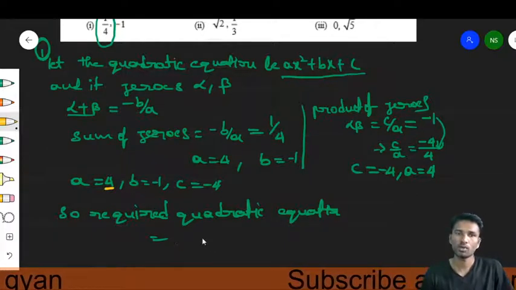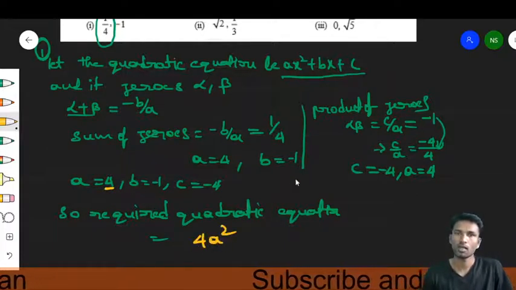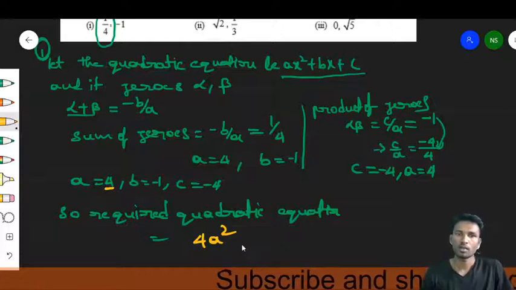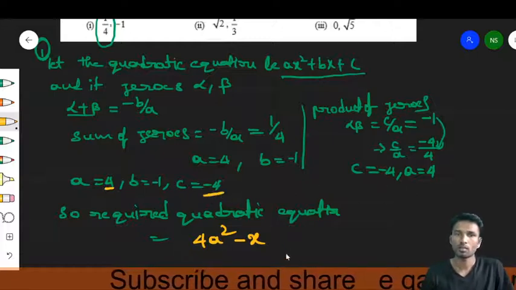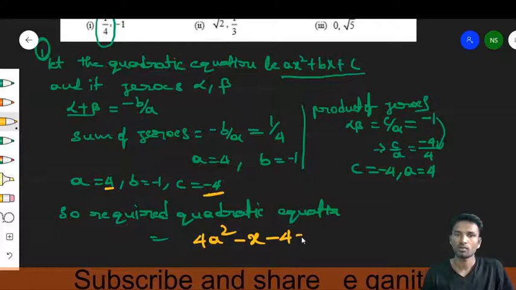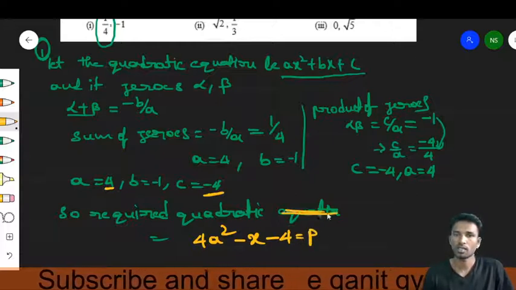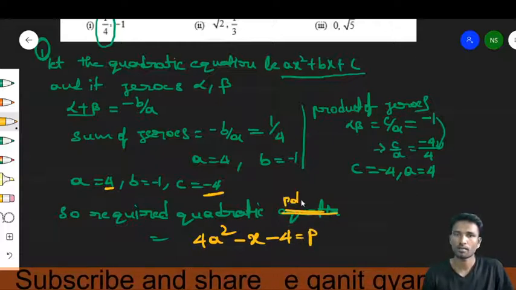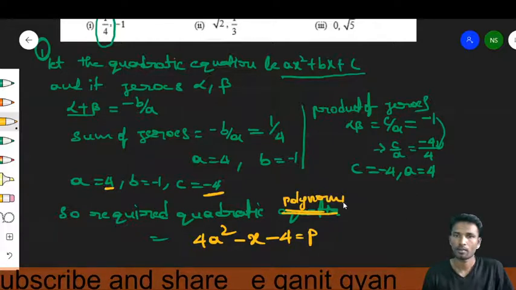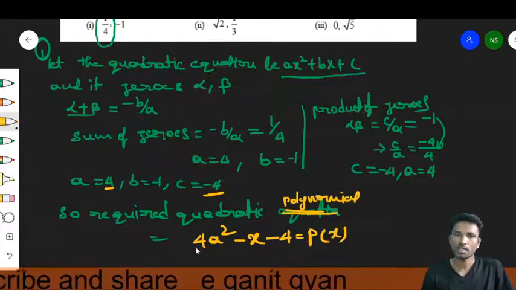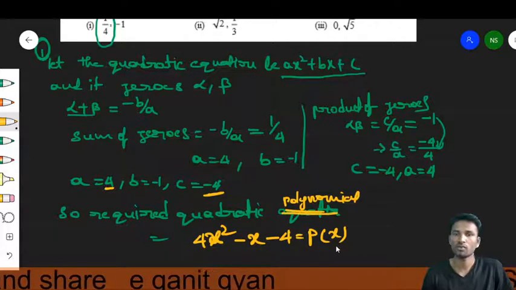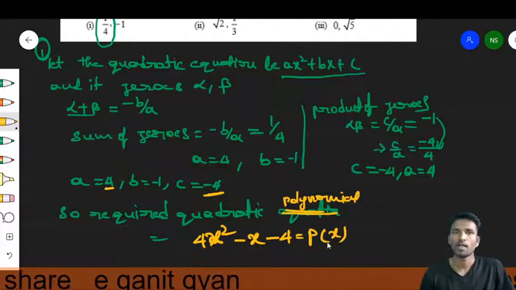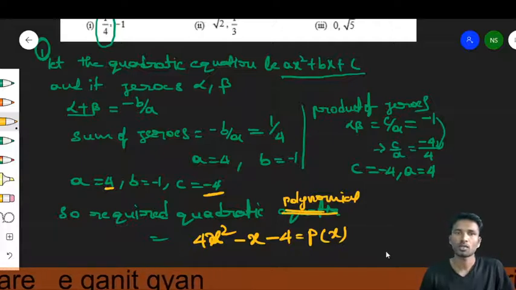A value is 4, so I can write here 4x square, and b value is -1 x, and c value I got -4, which is required. Oh sorry, it is not equation, it is polynomial. Required polynomial in terms of x is 4x square minus x minus 4, which is equal to p of x. Like that we will find out the solution.